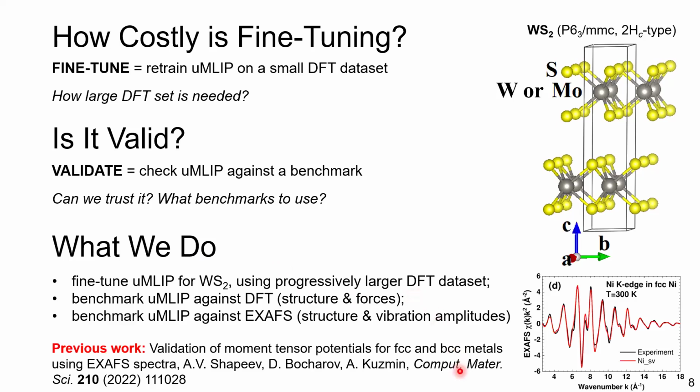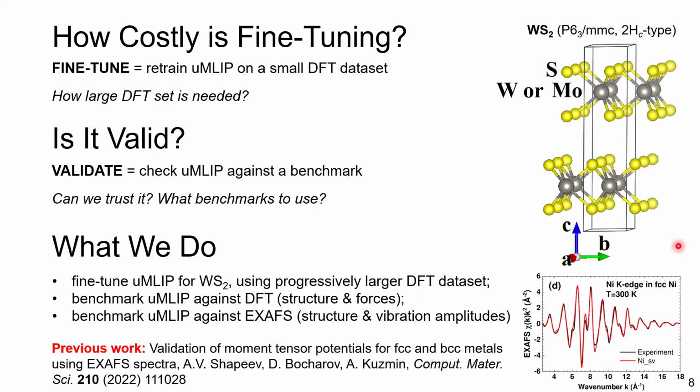In previous years, our group has done some validation of moment tensor potentials, but for much simpler systems like cubic metals. So here you can see that experimental spectra and theoretical spectra match pretty well, which signals a very accurate performance.